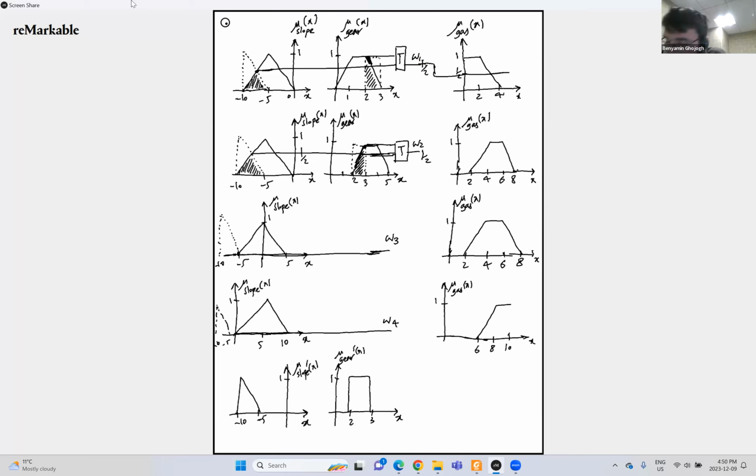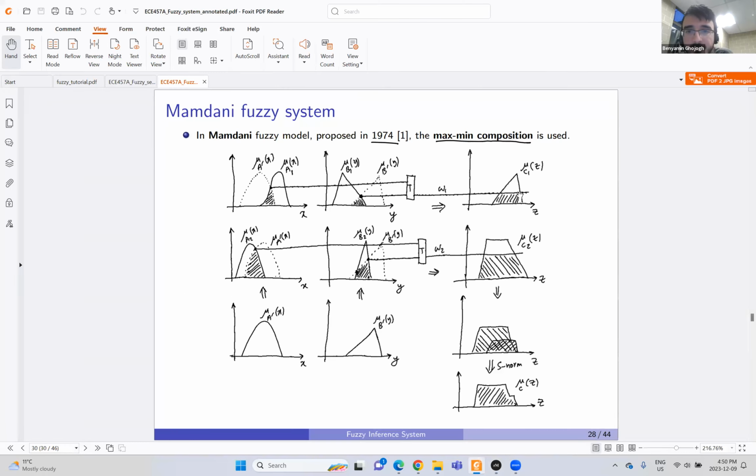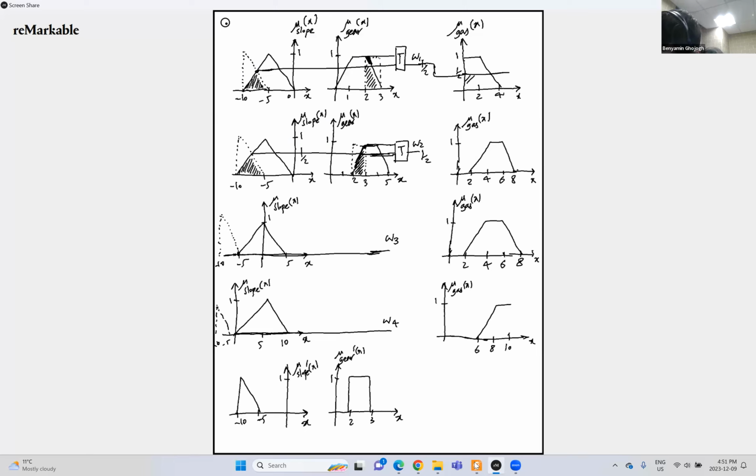Then what happens according to this slide? We need to get the T norm, right? For why it is T norm, we already proved all of these in the previous session, in the main lecture. I'm just solving some example here.